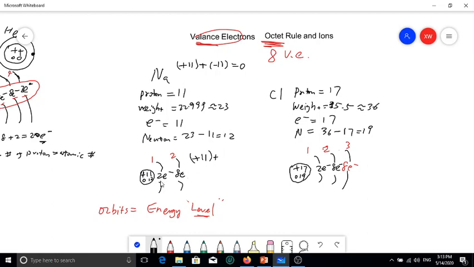But now you only have 2 plus 8, 10 electrons, because you lost an electron. When you lose 1 negative charge, you actually become positively charged. So this species, with 10 electrons but still the nucleus of sodium, still belongs to the sodium element.